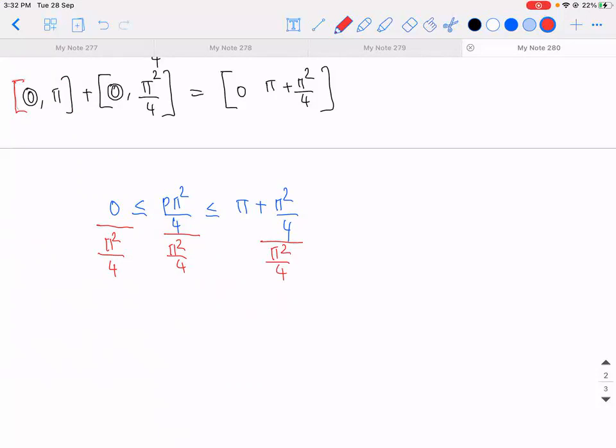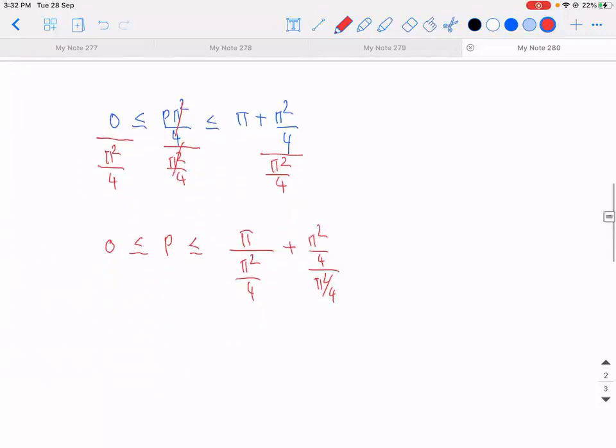So 0 by pi square by 4 is actually 0. Pi square by 4 and pi square by 4 got cancelled, and it becomes p. This becomes pi by pi square by 4 plus pi square by 4 by pi square by 4. Because pi square by 4 cancels, it becomes 1.